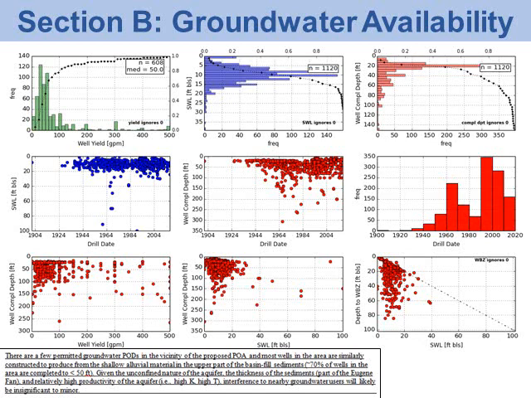That shows well completion depth on the y-axis and frequency, or how many wells are completed at a particular depth. Here we can see that dominantly most wells are shallow. They're in the 20 to 40 foot range. So we can tell that this alluvial aquifer is the dominant aquifer in the area.